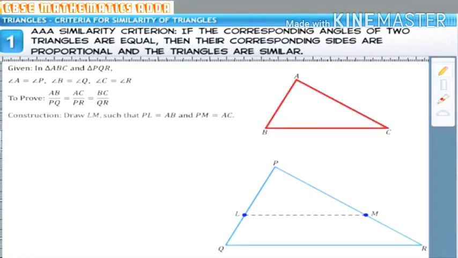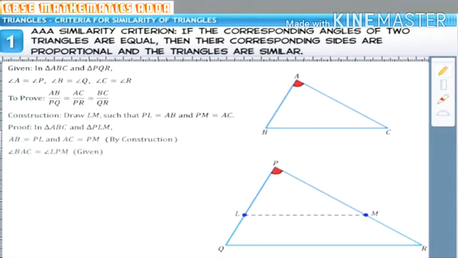Now consider the two triangles ABC and triangle PLM. So in these two triangles, AB is equal to PL and AC is equal to PM by construction, and angle A is equal to angle P. This is given.